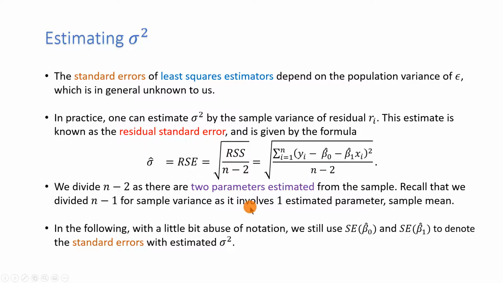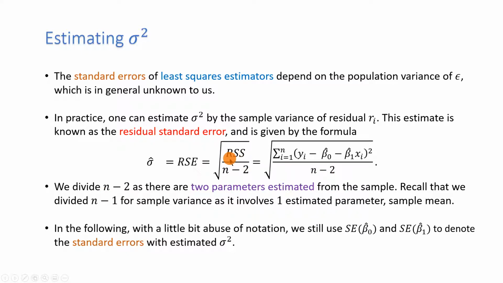So recall that when we calculate the sample variance of one random variable, we need to divide by the degrees of freedom n minus 1, right? Because for the sample variance, we already need to know the sample mean of that random variable. And knowing the sample mean takes away 1 degree of freedom from the original degrees of freedom n. And for this case, we need to divide by the degrees of freedom n minus 2, right?